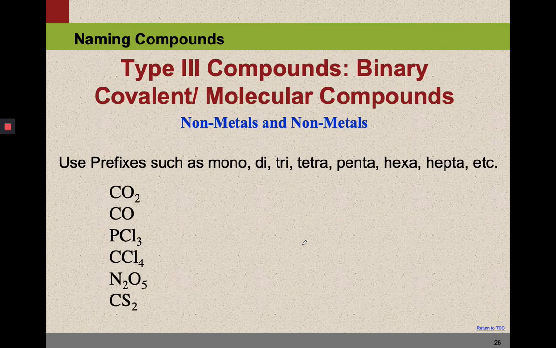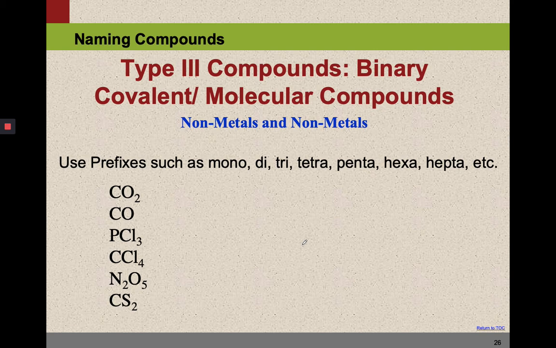So here are a few examples. Take note that you have to look at whether the composing elements of the binary compound are both nonmetals, and that's the time you use the Greek prefixes like mono, di, tri. For example, CO2. There is only one carbon as the first element, but in the first element you do not say mono, only for the second element.